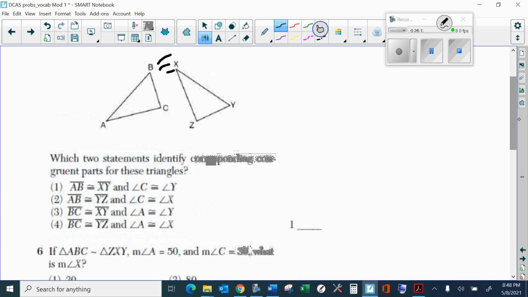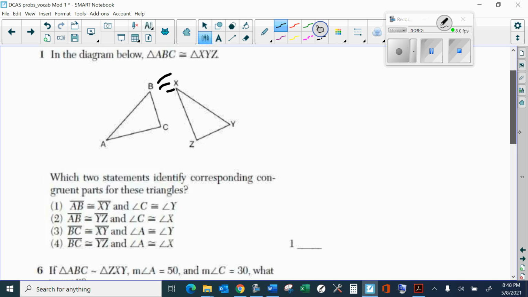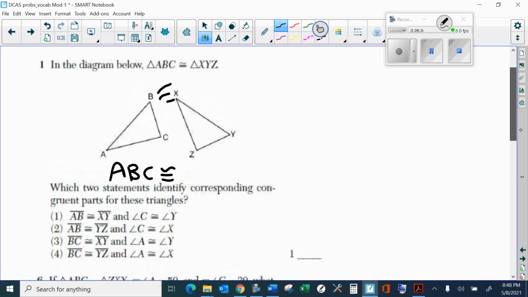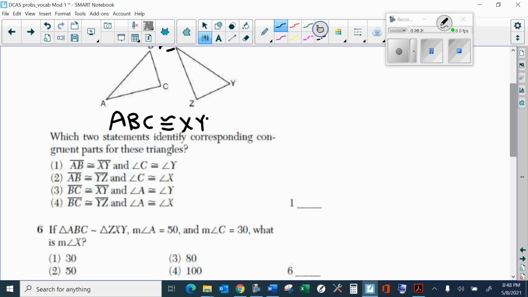Which two statements identify corresponding congruent parts for these two triangles? Oh, let's go back up here. We just have to look at ABC is congruent to, so I'll have to keep scrolling down, XYZ. Remember, just look at the congruent statement. AB goes to XY.